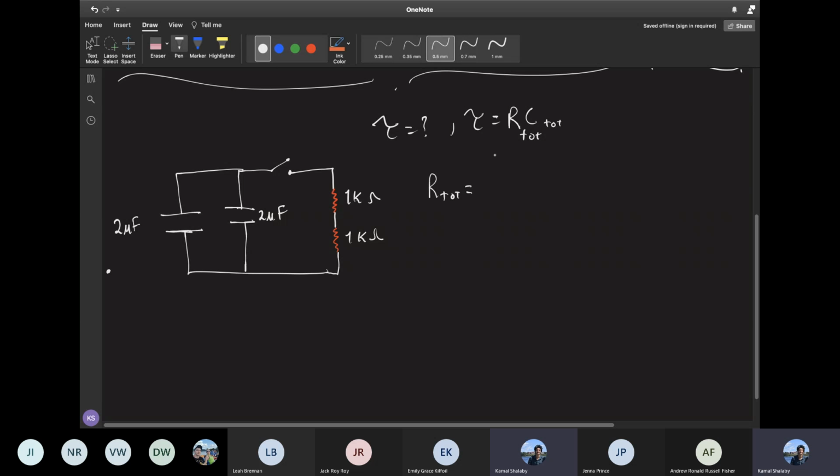It would be the thing that gives you the voltage, so the source cannot be the resistance itself. So the only resistance we have is those two resistors, which equals 2K ohms.